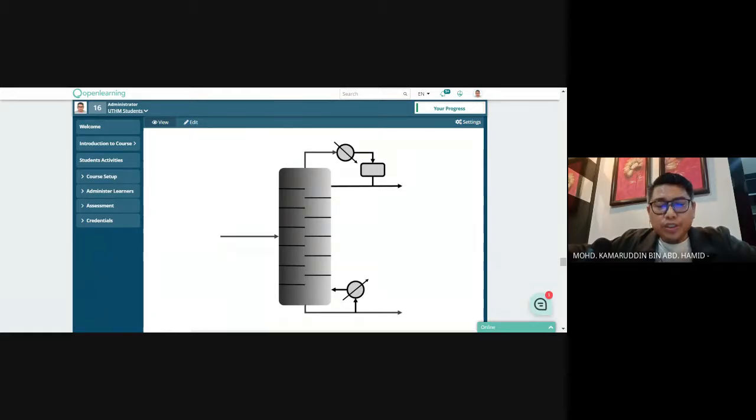Since it's steam, this steam basically has a limited heating utility, heating capacity yang you all boleh pakai to boil component at a certain degree of volatility sahaja. So disebabkan itu, there is some limitation.